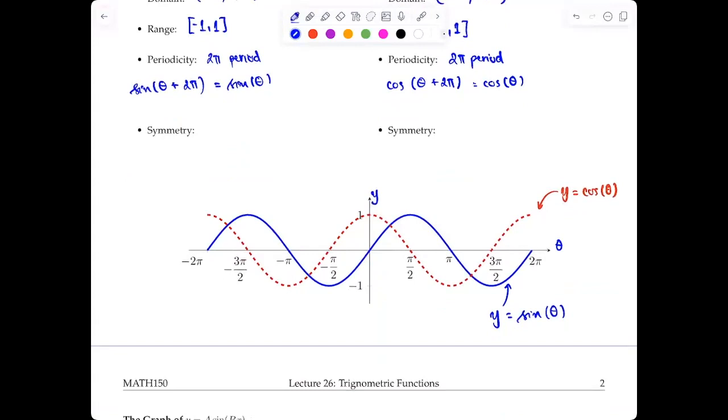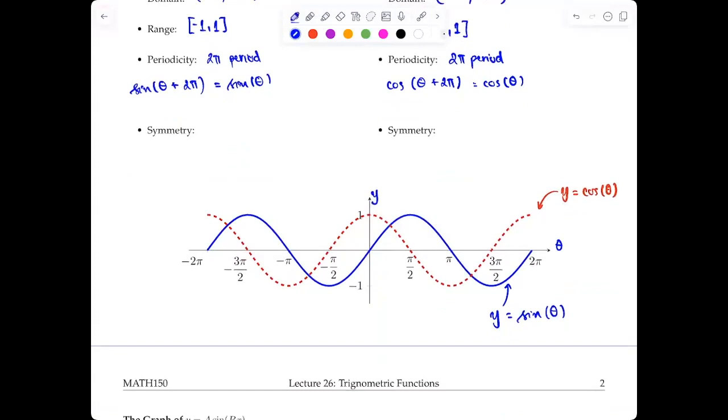Now, when you look at the graph, let's say you're at the top of the cosine function, and you go down and then up again, and you go up to the same height. That is where you get a full cycle. When you make the measurement from this point to this point, you will see that it is 2 pi.